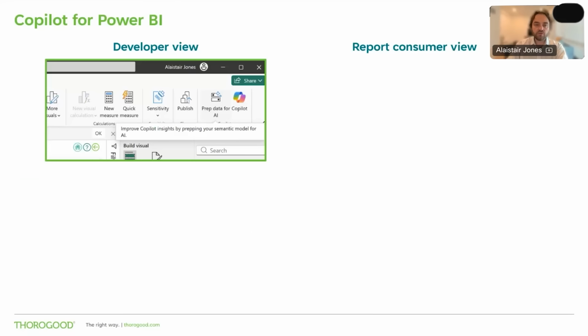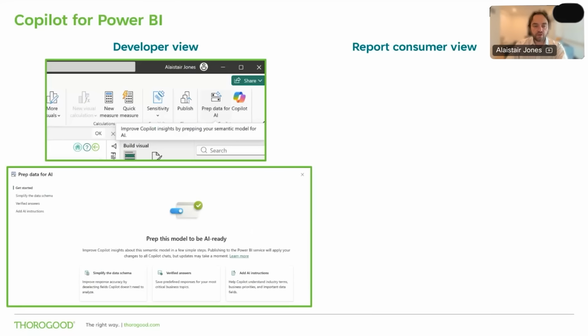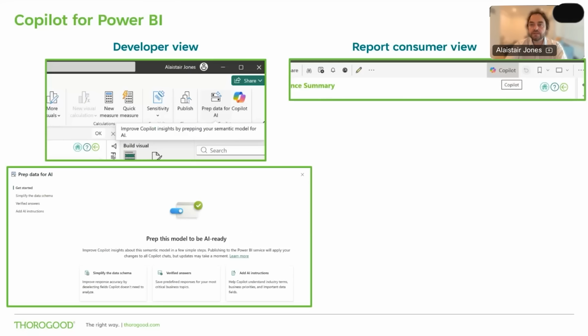And that allows users to either provide information about data schemas, provide something called verified answers, or add AI instructions that give a level of context or pre-prompting that is useful in optimizing your reports for Copilot use. Again, something that we'll touch on later in the presentation.